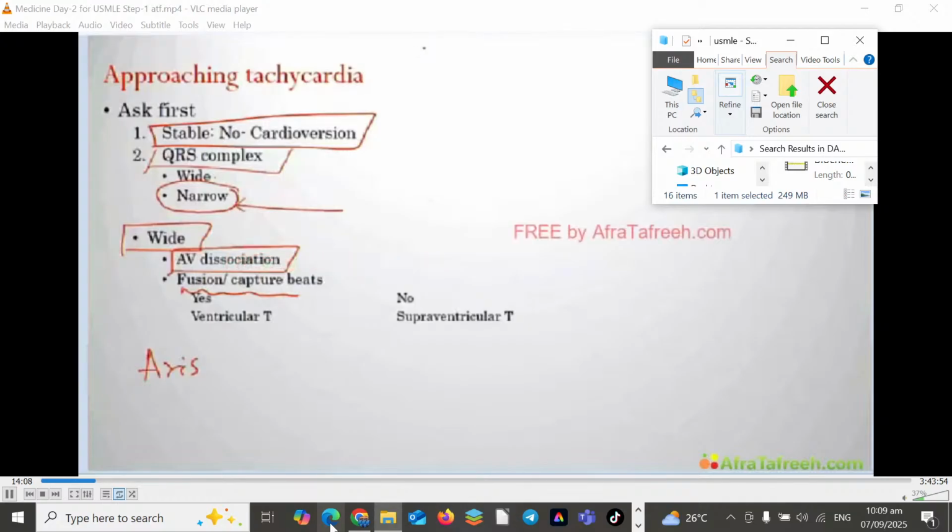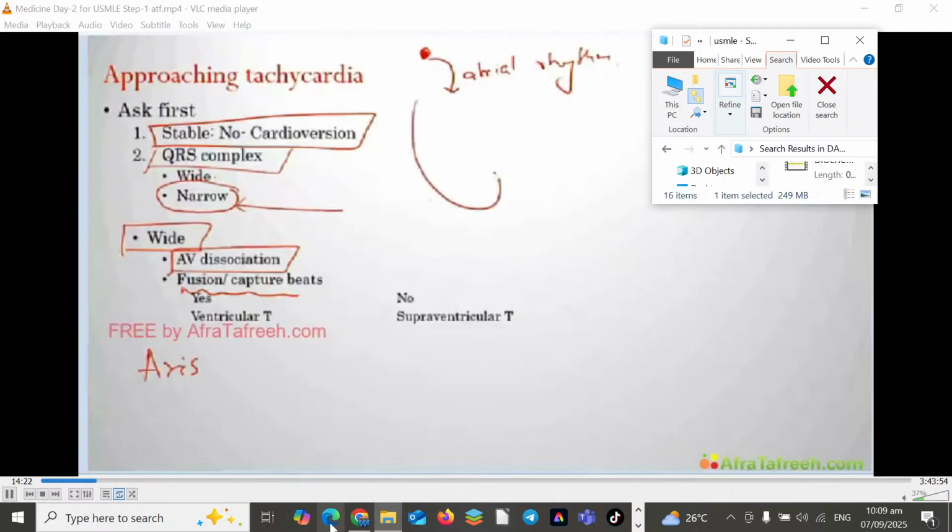What is happening here is when you have the atrial rhythm, and you have the ventricles here, which is generating the ventricular rhythm. I repeated this many times yesterday and I'm repeating it again today.